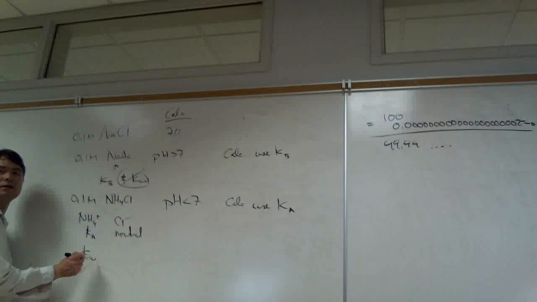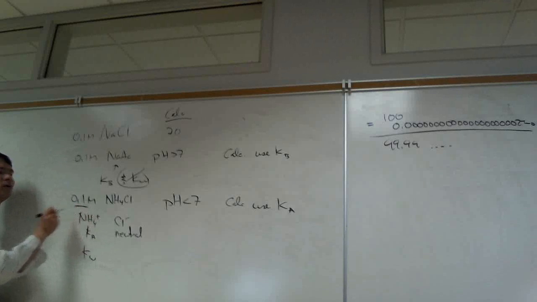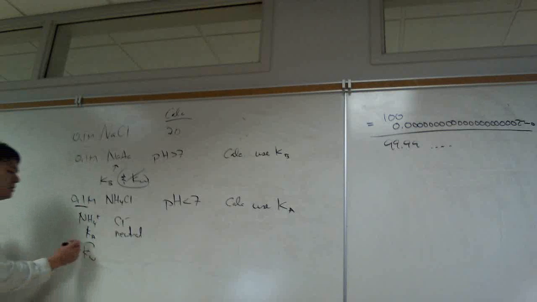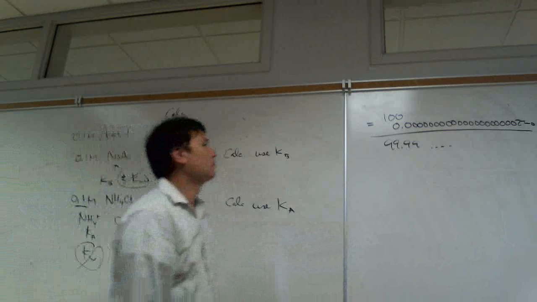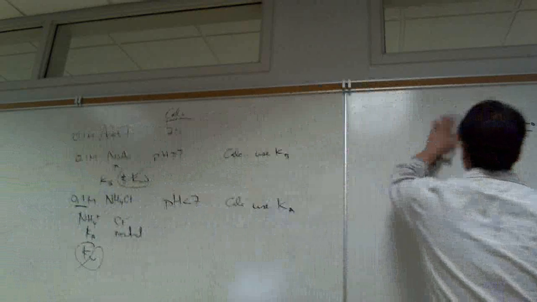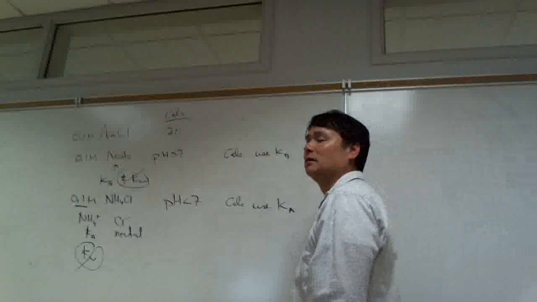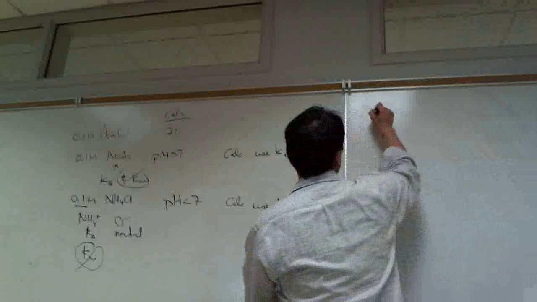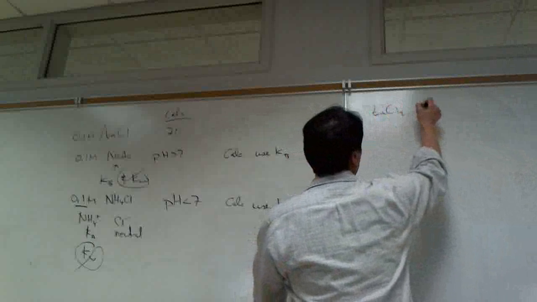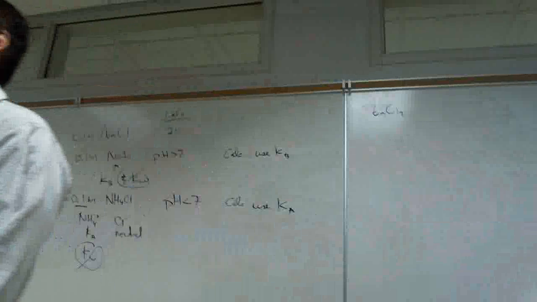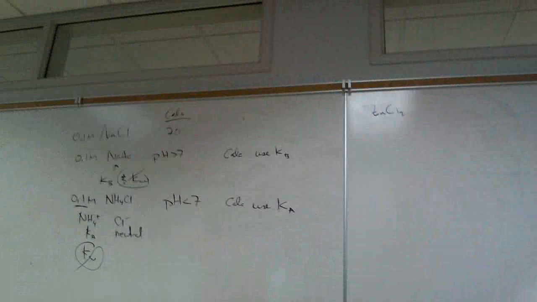Kw? Yes or no? For 0.1 molar, no. Yeah, it's pretty concentrated. All right, what's the next solution? Zinc chloride. What do you think, pH 7? Like sodium chloride, zinc chloride, pH 7?